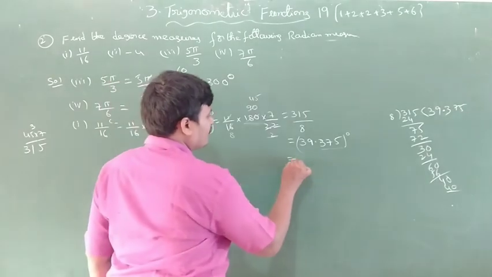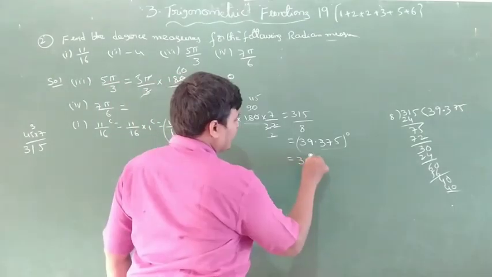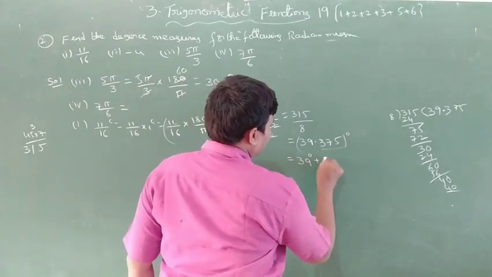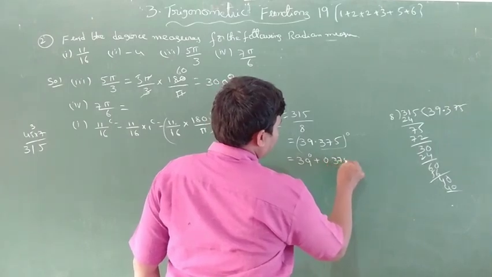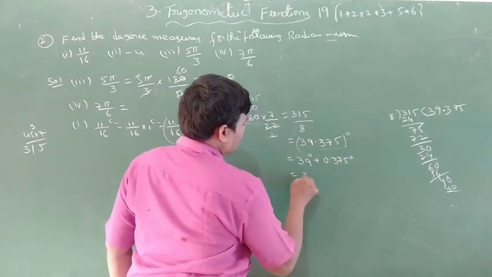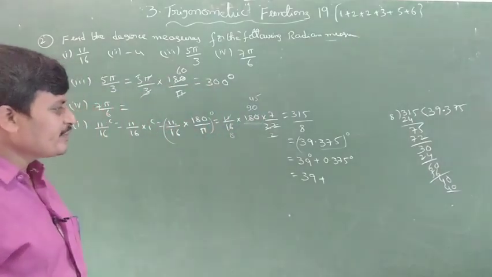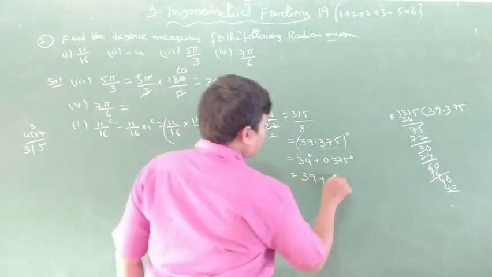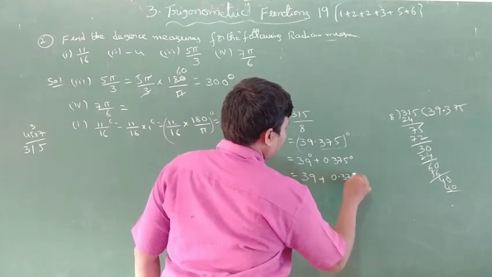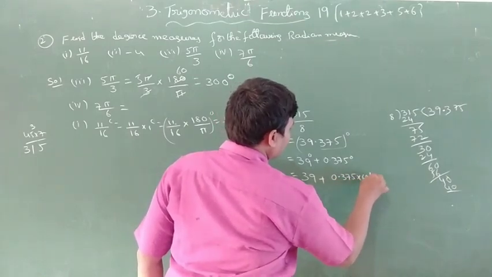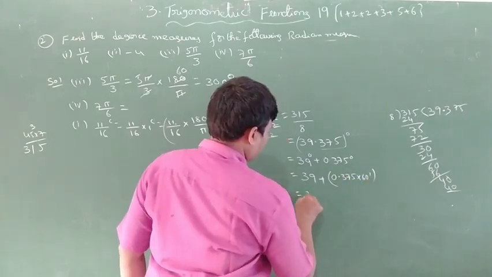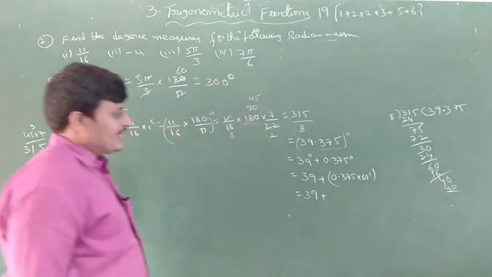Below 1 degree is converted to minutes. So that is equal to 39 degrees plus 0.375 degrees. Converting degrees to minutes means multiplying by 60. 0.375 into 60 minutes.